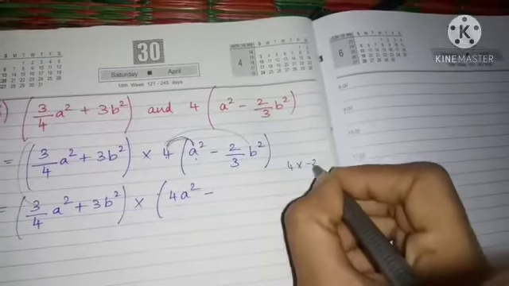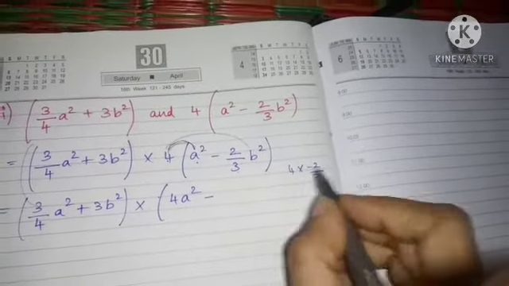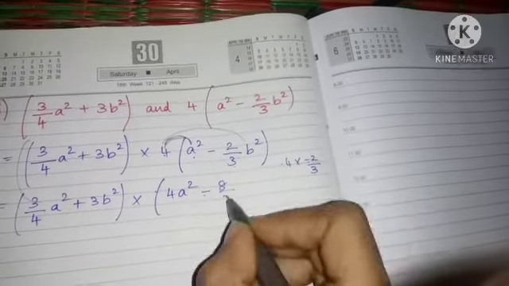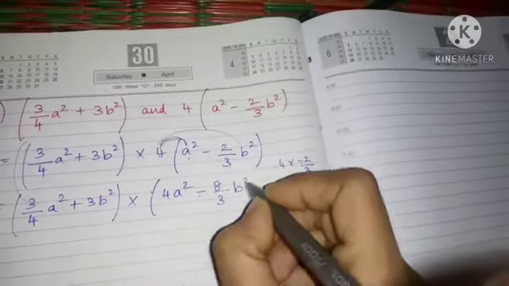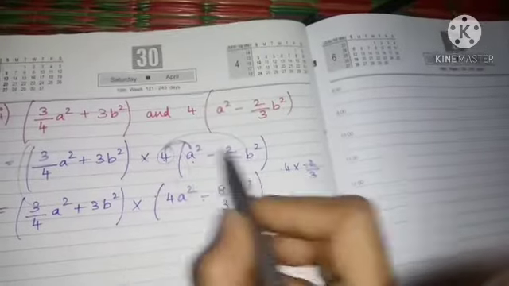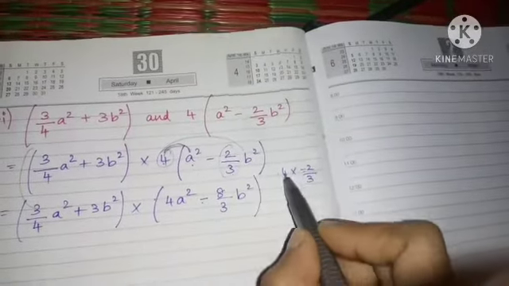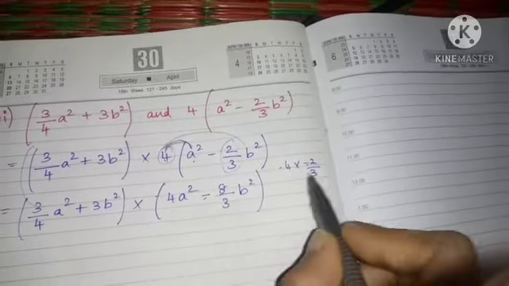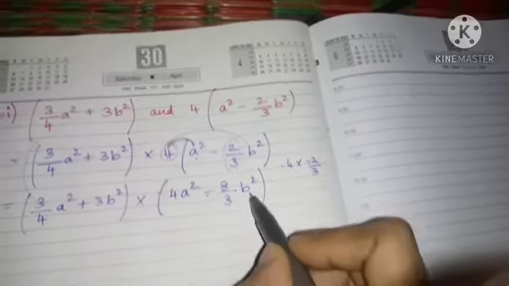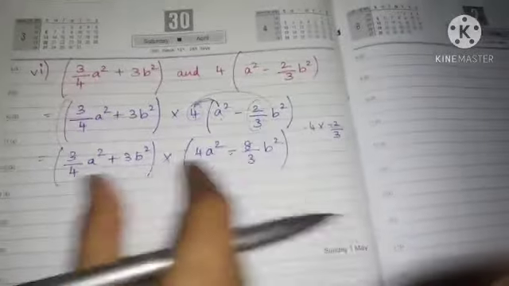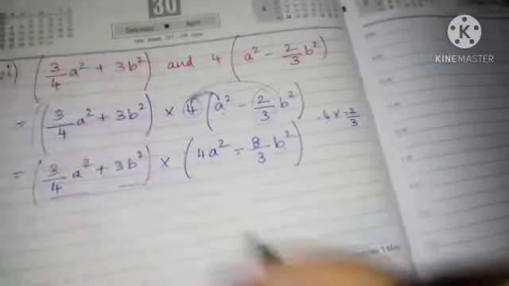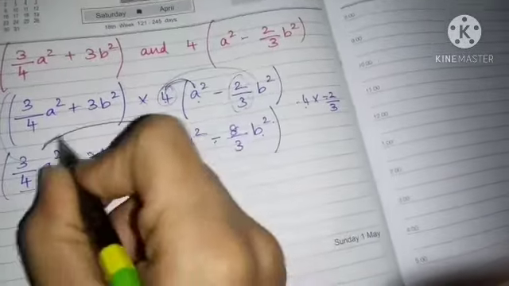What is the answer? 4 into minus 2 by 3 means 4 2s are 8, plus into minus divided by 1 into 3, 3b square. So now I have got it as usual, right? Now these are two terms, so we can multiply individually.